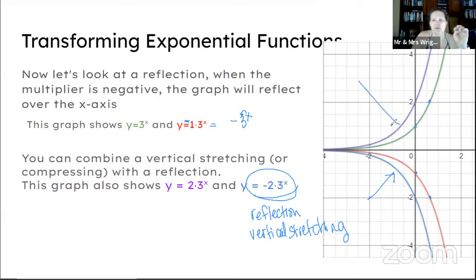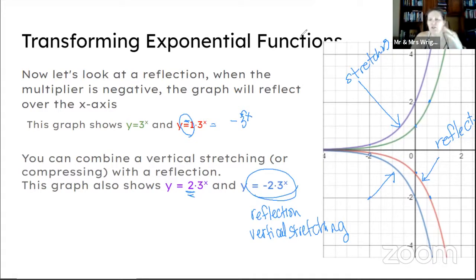The purple one is simply a stretching because it just had the multiplier of 2, and the red one is just a reflection. And that's because it simply had the negative multiplier. With the number of 1, you're just applying the negative to it. There's no stretching or compressing happening.